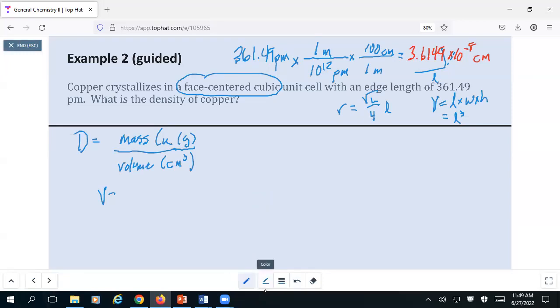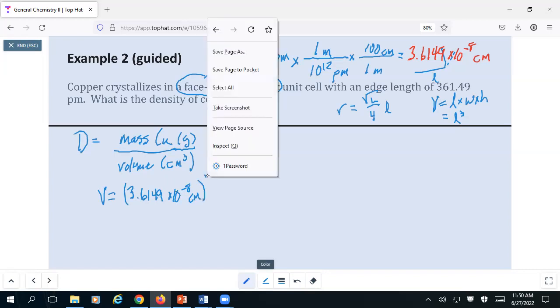So if I'm trying to find the volume, it would be 3.6149, and yes, all of those significant figures are still significant, times 10 to the negative 8th centimeters. That is the edge length in centimeters.